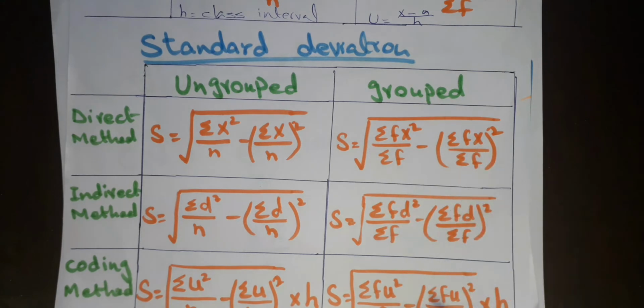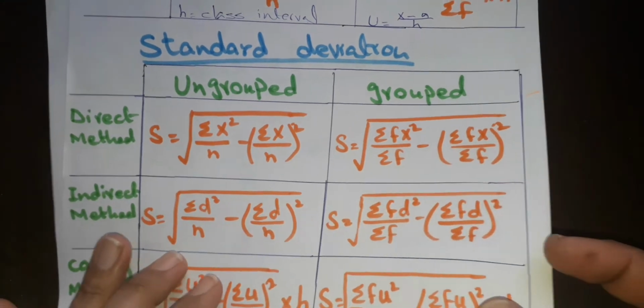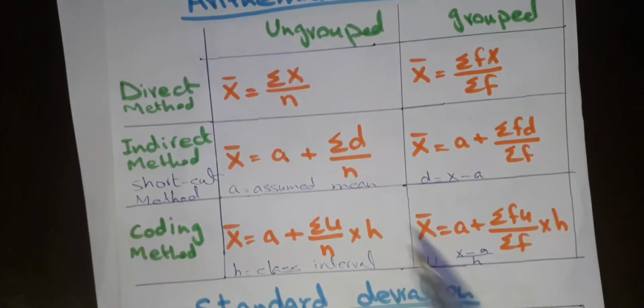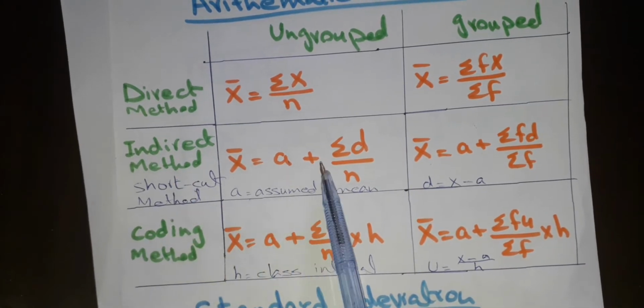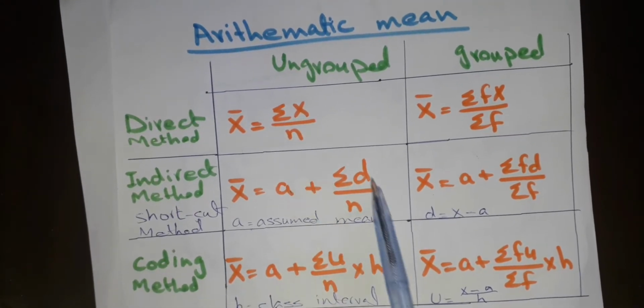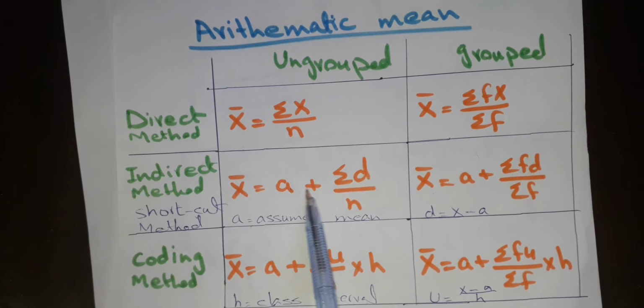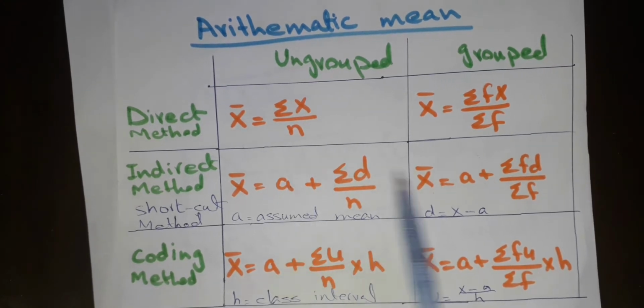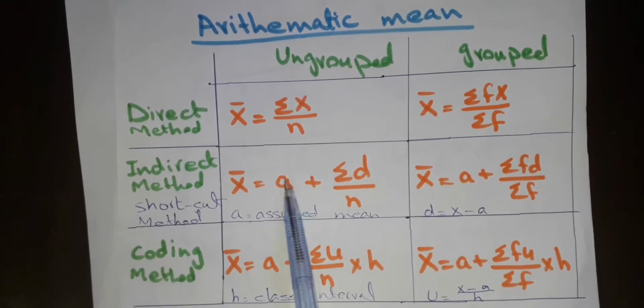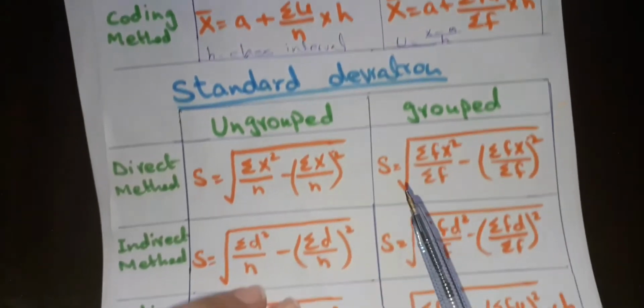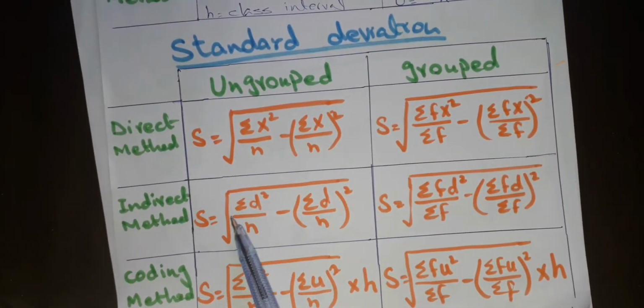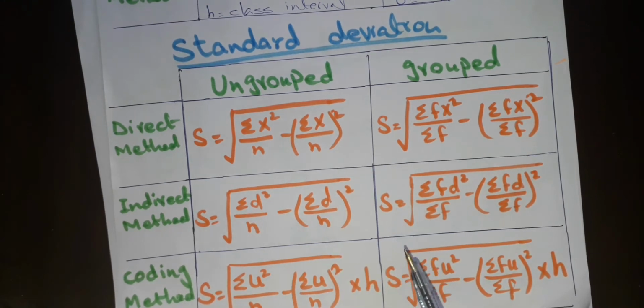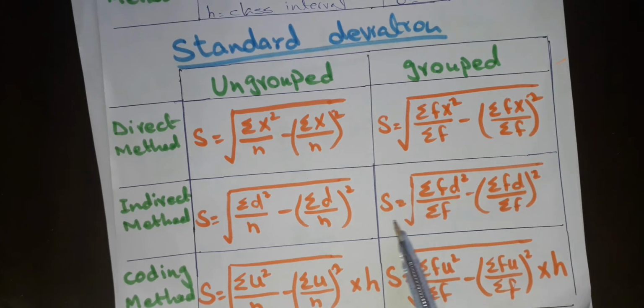Why don't we include a, like in the arithmetic mean indirect formula? There we replace x by d, but also we add a. But why don't we add a in standard deviation? Because there is a big and important reason.